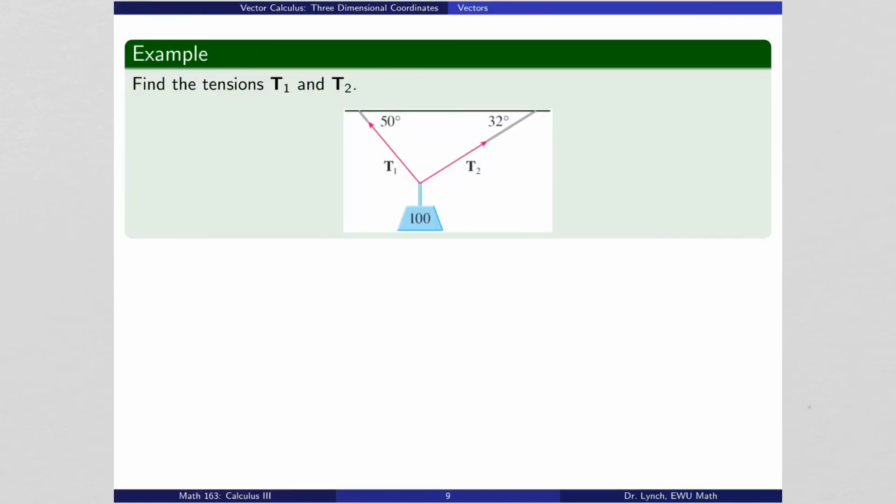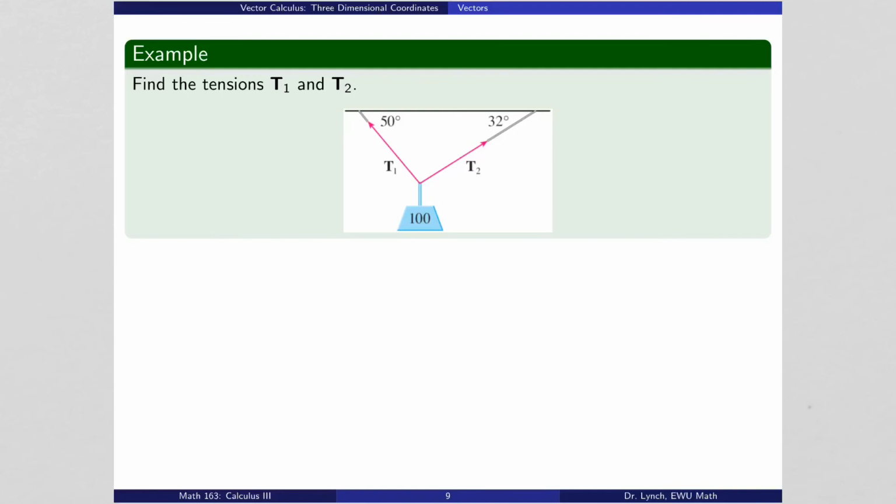Okay, finally, a quick example illustrating the usefulness of vectors. One of the reasons they're useful is to talk about force balances. So you can imagine a weight hanging from these two ropes, and we can describe the tension in the two ropes, T1 and T2, in terms of this weight.